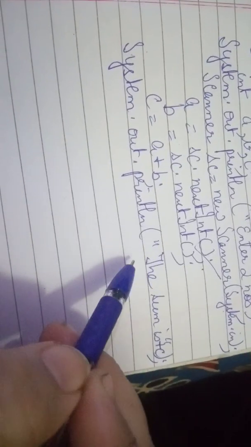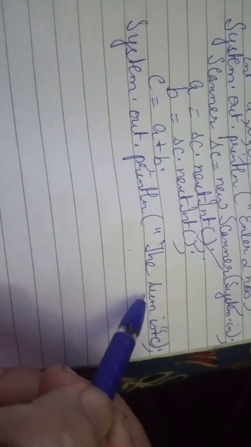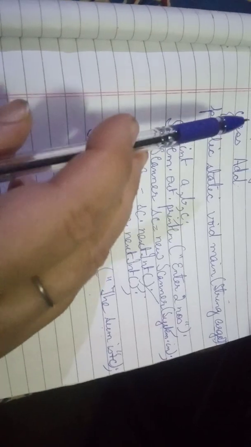Whenever a string is written, this is a string message, The sum is, and you want to write the variable which has the value, you have to always concatenate it with the help of plus. The sum is, inverted commas closed, then plus c. This will print the value of c on the screen. Now since I have opened two curly braces, one for the class, one for main, I will be closing both of them, first main, then the class.